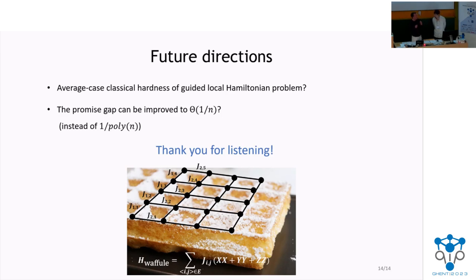If I understood your question correctly, you're asking what's the complexity of getting such a guiding state? Yeah, exactly. It's actually maybe a good question for future research, and we're also thinking about it. But it's at least QMA hard, right? Because if you can get the guiding state, you can also solve the decision problem of the ground state energy. So it's at least QMA hard.